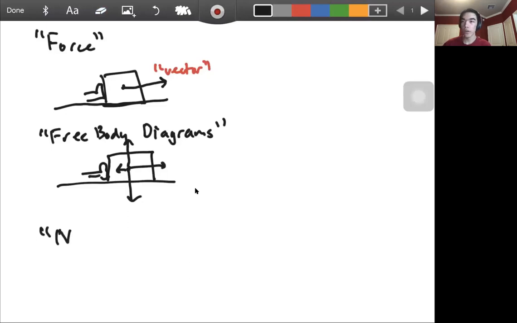When you have a lot of forces, the concept you're most interested in is net force. Net force is the sum of all the force vectors. You can think of it as there being multiple pushes and pulls, but in the end, once you add up everything that's happening, there's one total push or one total pull that the block is being subject to.